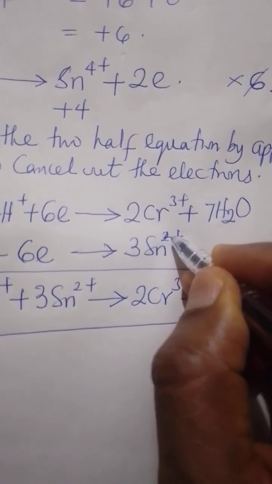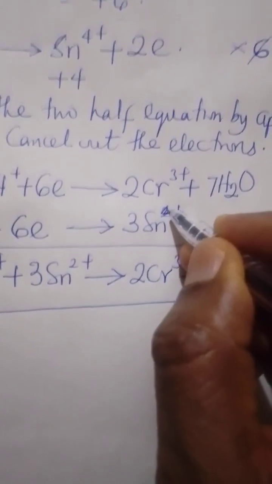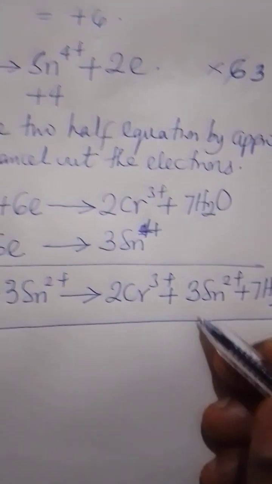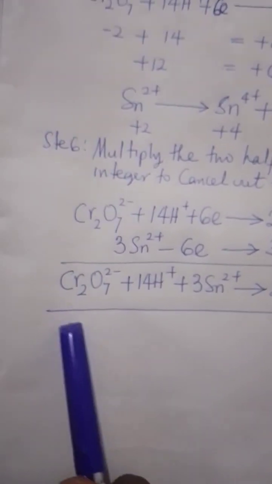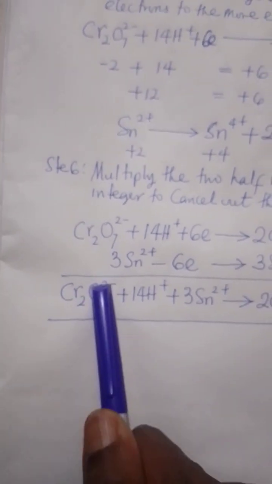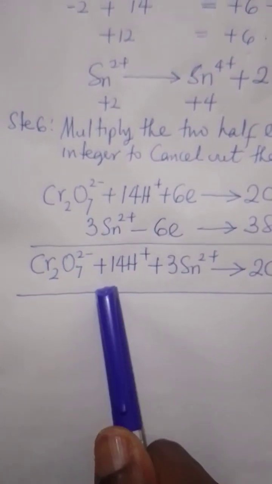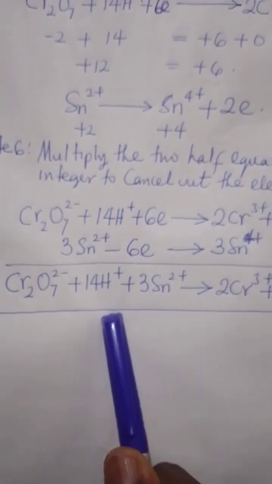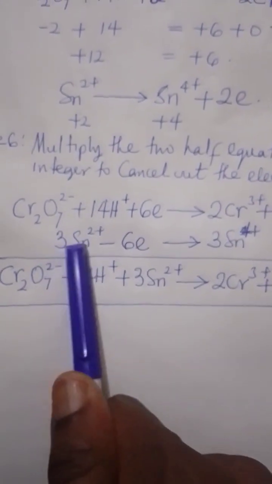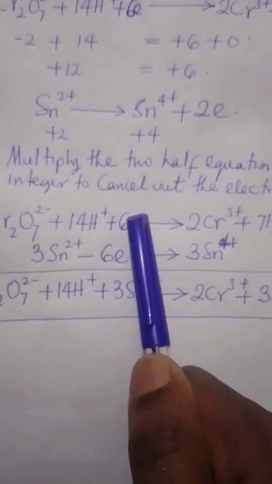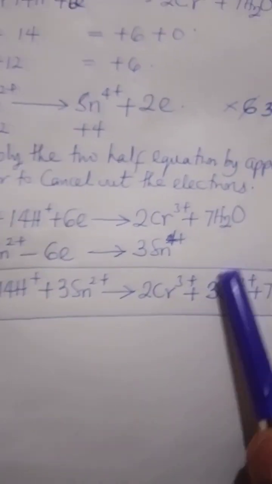I beg your pardon, this is 4+. So you add up Cr2O7 2-, 14H+, 3Sn2+, and 6 electrons minus 6 electrons, gone.